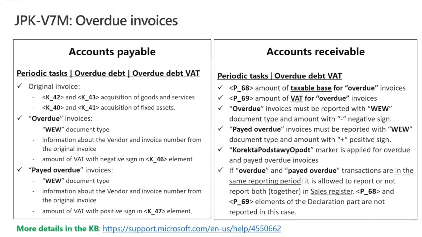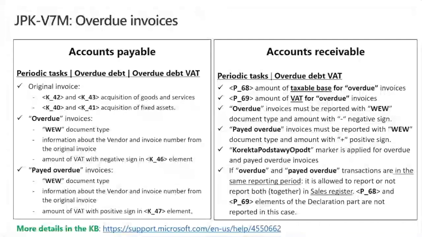While on the accounts payable side, the reporting requirements are more or less familiar because we already reported overdue vendor invoices in JPK VAT registers in a special way, in the JPK V7M report the only difference in reporting will be that the VAT amount of an overdue invoice must be reported in K46 element instead of K49 as it was in VAT registers.